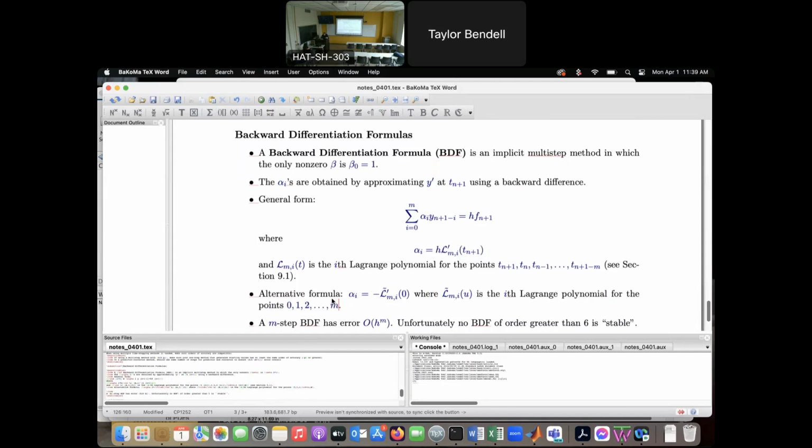So for an implicit Adams multistep method, you're integrating Lagrange polynomials for points 0 to m. For BDFs, which are all implicit, we're taking derivatives evaluated at 0, with the same interpolation points 0 to m. So the same Lagrange polynomials that would be used for an Adams multistep method, just because Adams methods work with the integral form of the ODE, whereas BDFs work with the original differential equation.